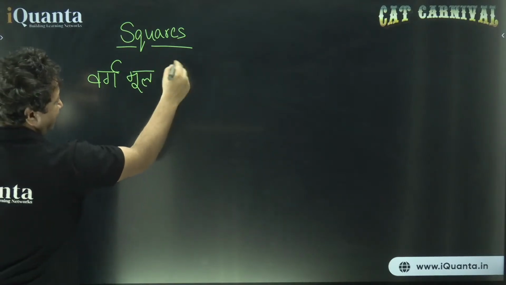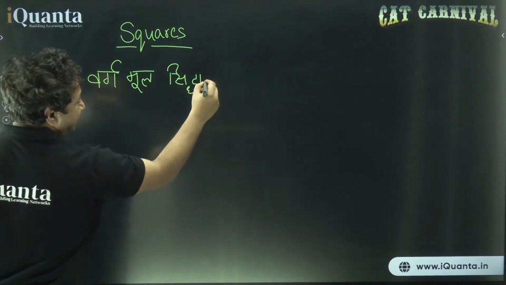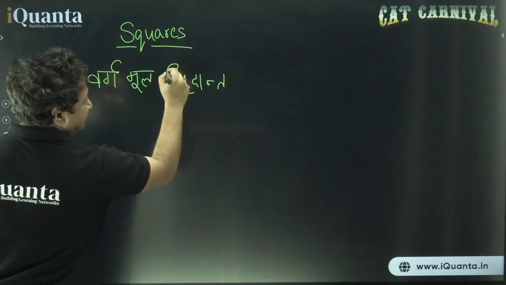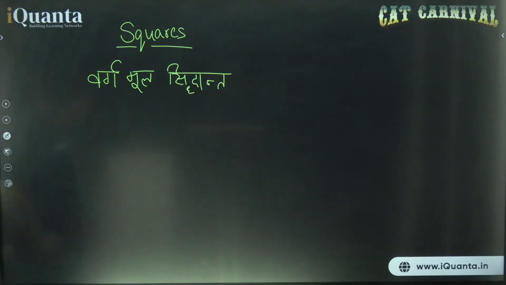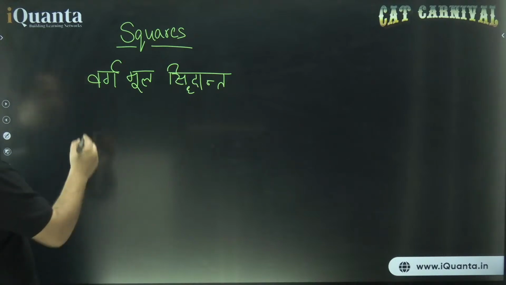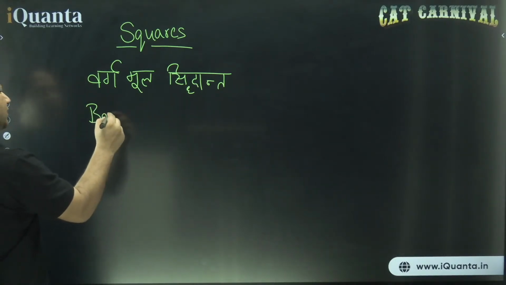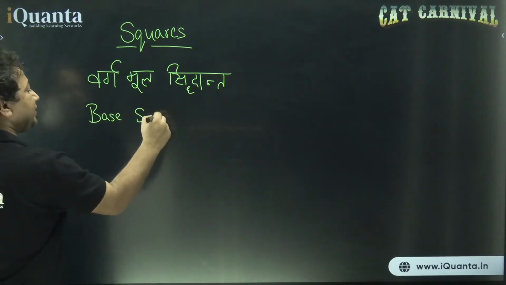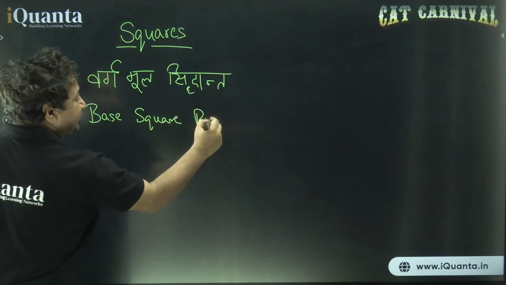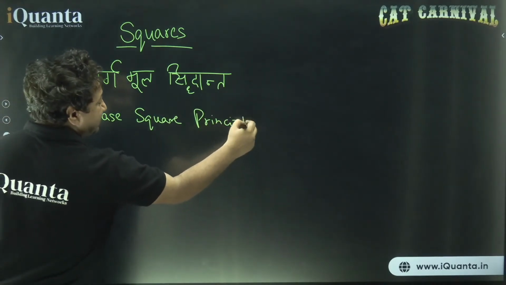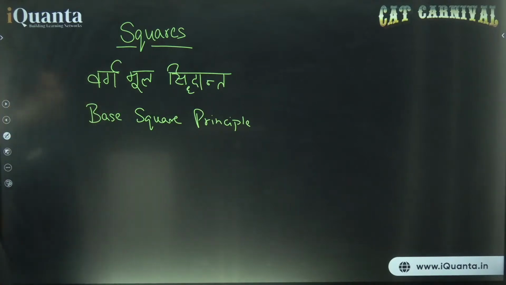Siddhant. Now you would say, oh, it's so much Hindi or Sanskrit. Vargamul Siddhant, in English, this can be translated to base square principle. Now to understand this, first of all, we need to understand what base means.